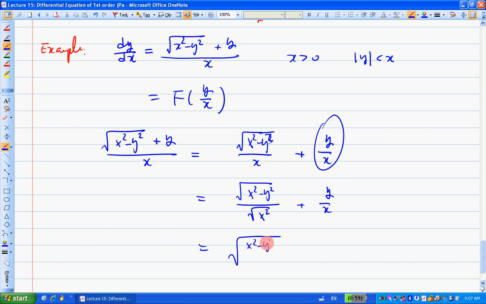So x squared minus y squared over x squared. And that's y minus y over x. Okay, that's this one, right? That's the simplest you can get, and this is f of y over x.